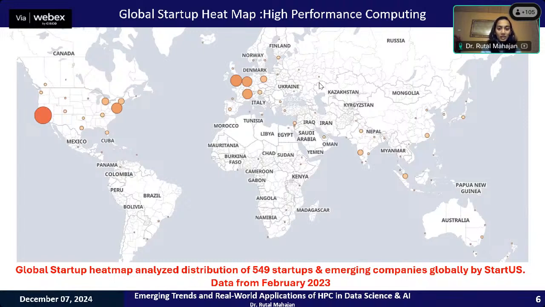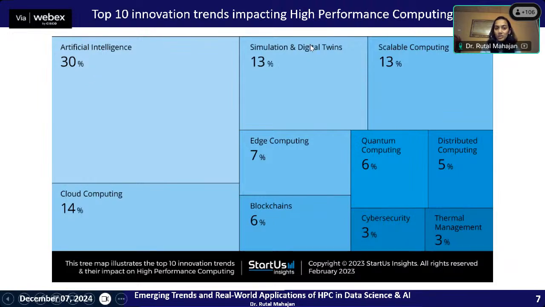We can see that the global startup heat map contains a distribution of 549 startups and emerging companies distributed across the globe, working on high performance computing, which are more or less using it in various fields like AI, simulation and digital twins, scalable computing, edge computing, cloud computing, blockchains, quantum computing, distributed computing, thermal management, and cybersecurity.